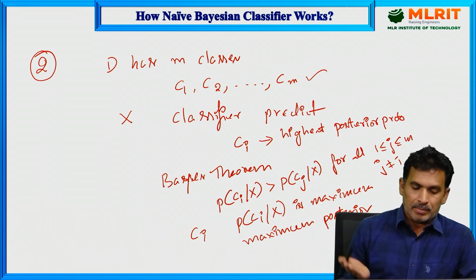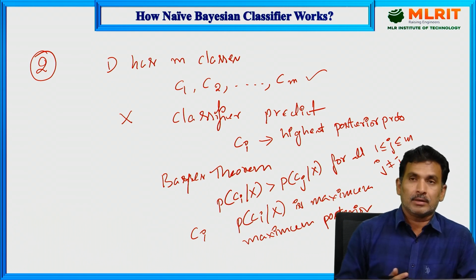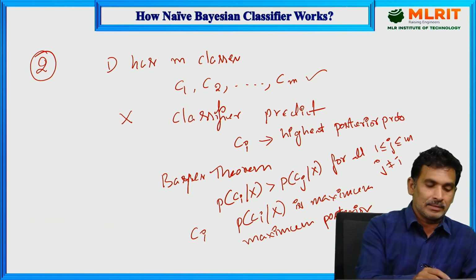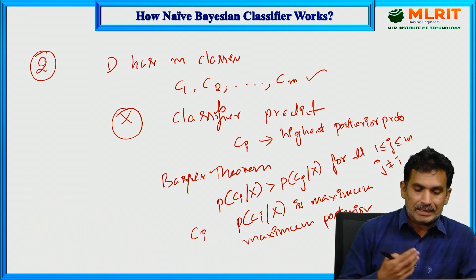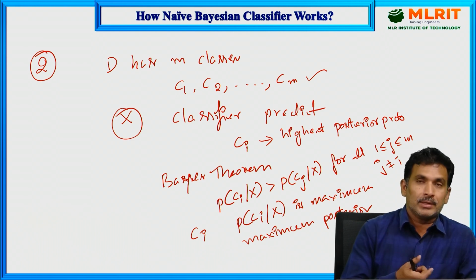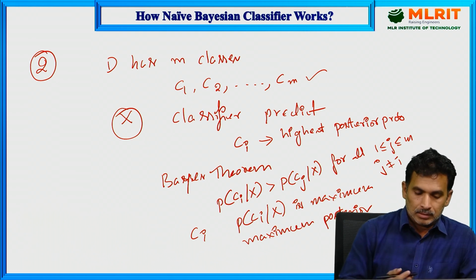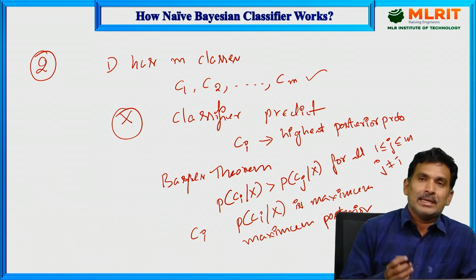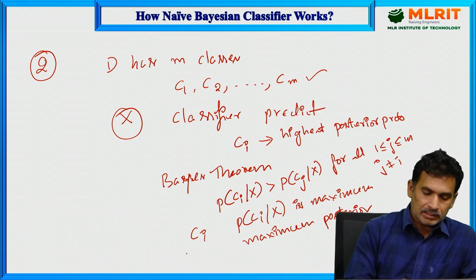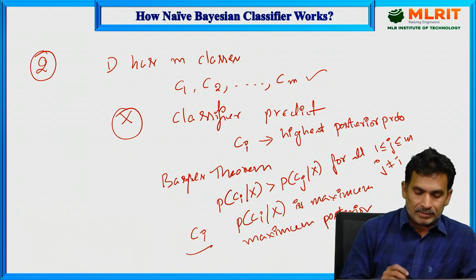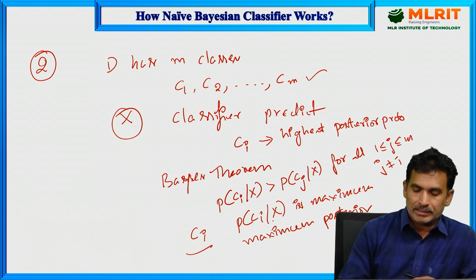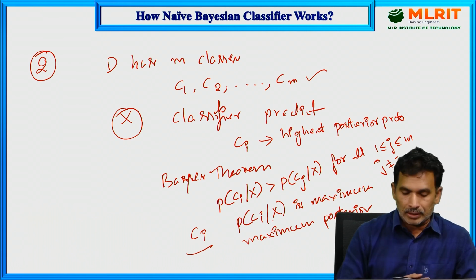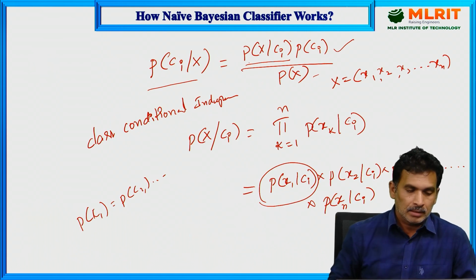Mainly the Bayesian classifier would predict the class label of a particular tuple x, the class label Ci with the maximum posterior probability, that is probability of Ci given x is maximized, and that is called the maximum posterior probability.